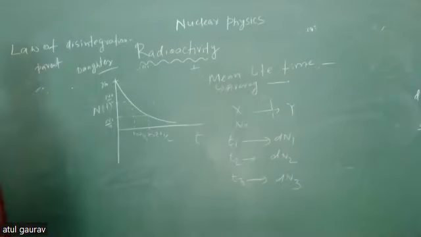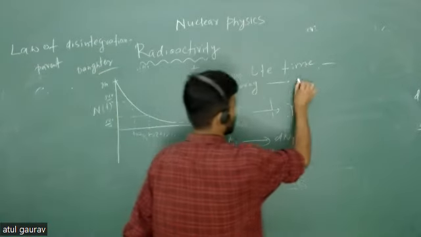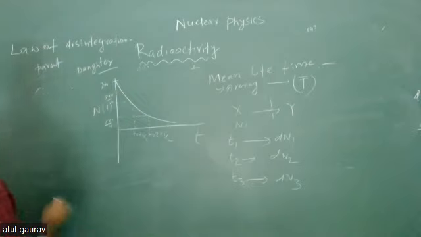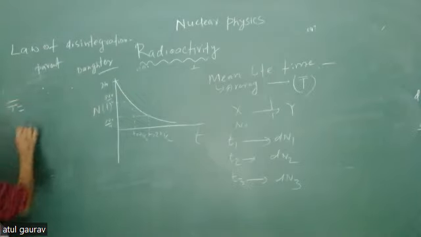Then average lifetime, written with the symbol t bar, will be the sum of the lifetimes of decayed nuclei.